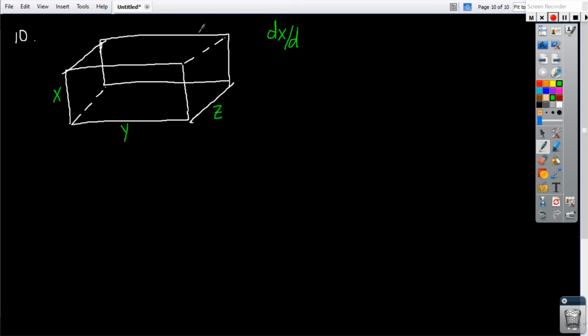If you look, if dx/dt is 1 meter per second, that means every second X is increasing by 1 meter. Okay, so my box is growing there. It says that dy/dt is negative 2 meters per second.